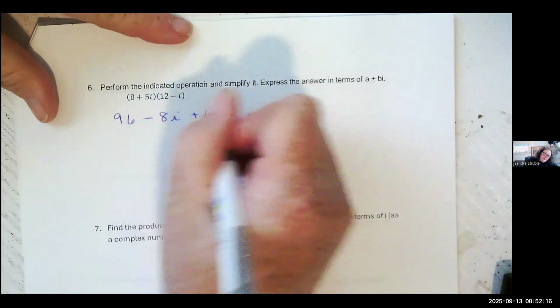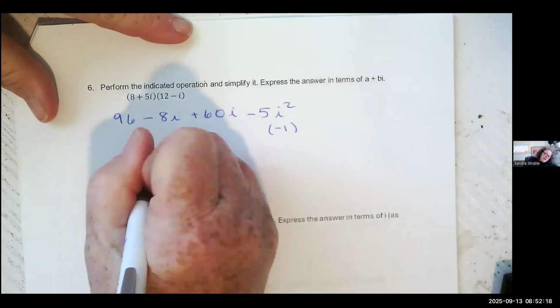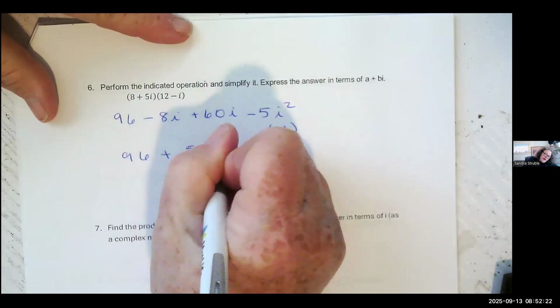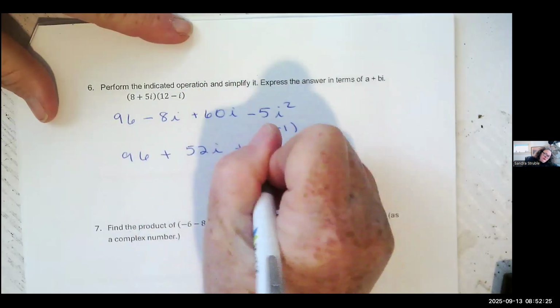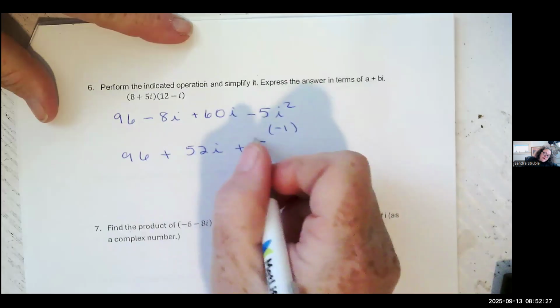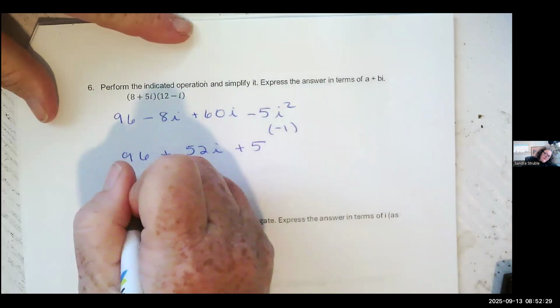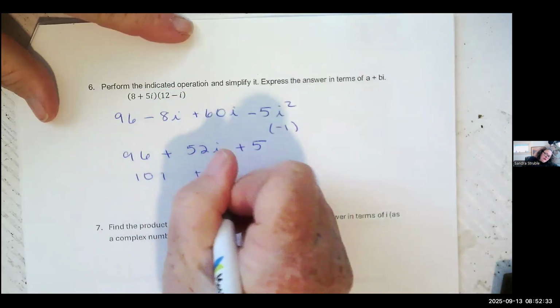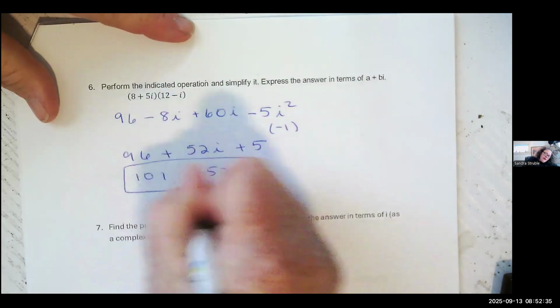And I'm going to combine these two like terms. So 96 plus 52i plus 5. So 96 plus 5 is 101. Yep, 101 plus 52i, and they are in A plus BI format.